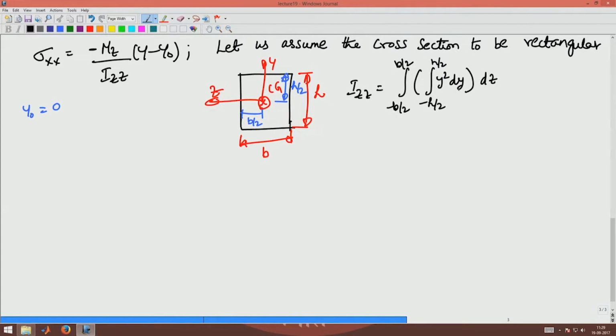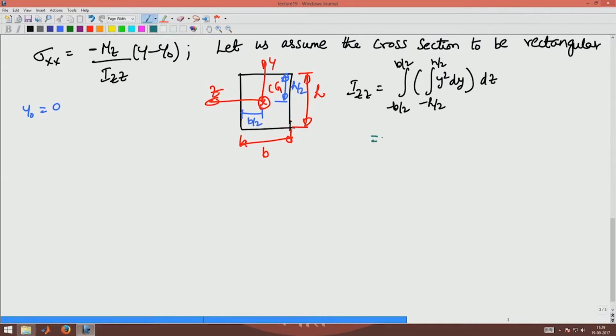Y square dy, I have to integrate from this end to this end, so it is from minus h by 2 to plus h by 2. The width is remaining constant, so it does not matter what the order of the integration is. So this integrates from minus b by 2 to plus b by 2 along the z direction.